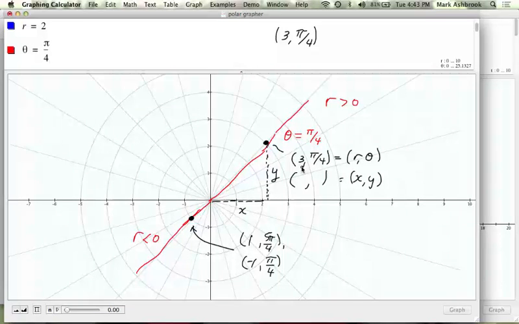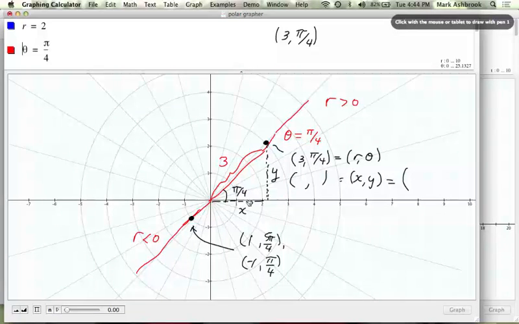And so I've got this point 3 from the origin, a radius of 3, and the angle pi over 4. How would you get x and y? Okay, so you should be thinking cosine and sine are going to be the key to getting the x and y coordinates here. So the x coordinate will be, so this length right here is 3, because that's our value of r, our distance from the pole.